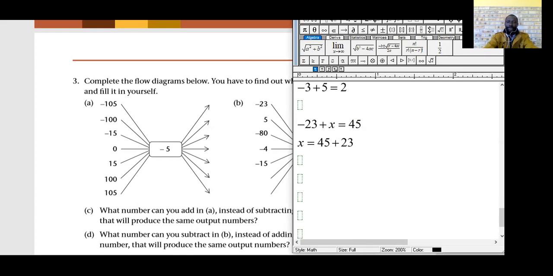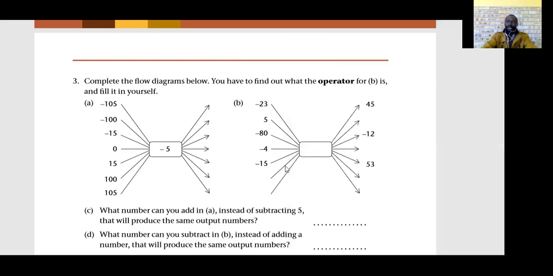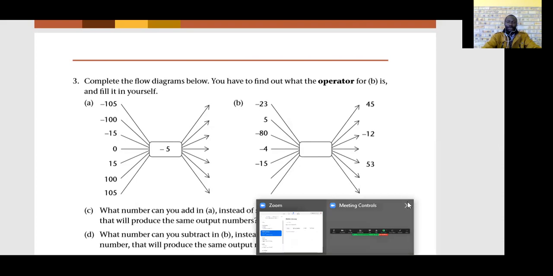So the value of x is 68. So that is the operator. The operator is plus 68. Okay, so you put plus 68 and you see what you find there. You have to put plus 68 here and it will help you to find this and that one. And that also brings us to the end of our discussion of today.